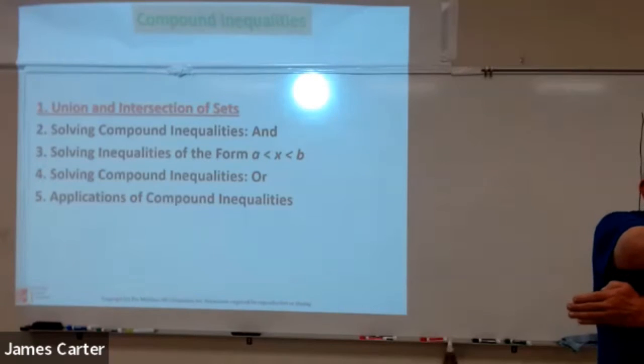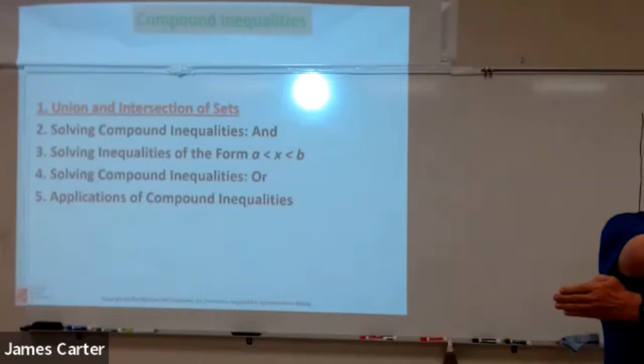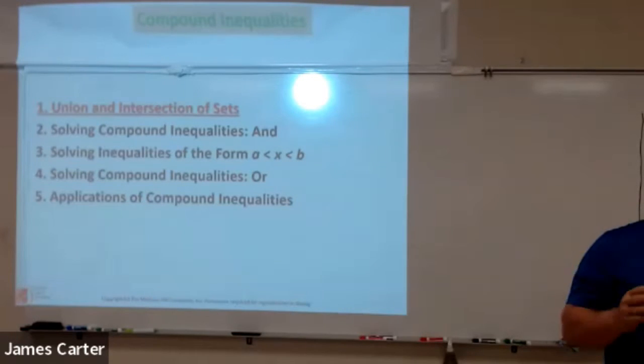It can be infinity, everything, but it's not, because I didn't say or equal. Or it could be what we call an inclusion statement. The space from here to here, just that little piece that is commonly shared.